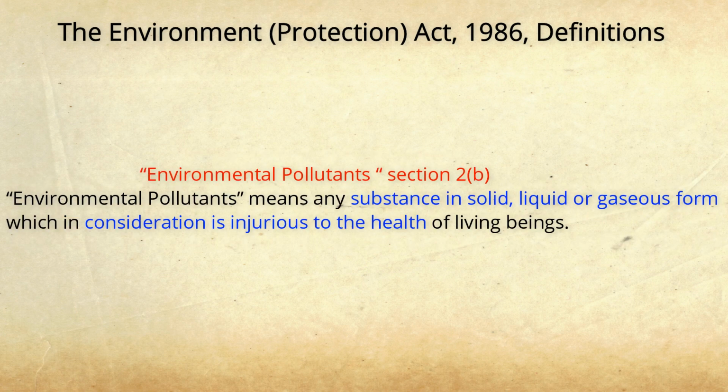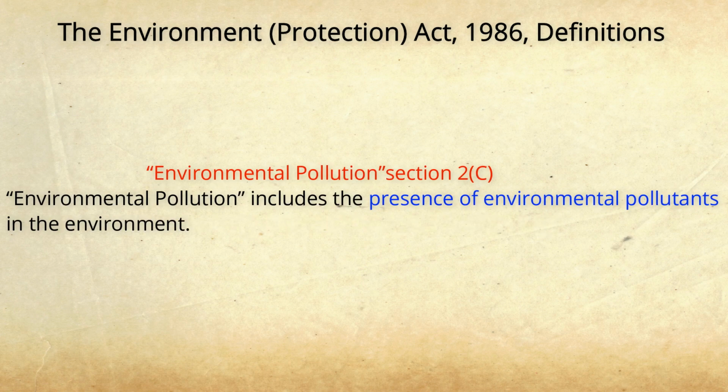Now let's move on to the definition of environmental pollutants, which includes substances of solid, liquid and gaseous form which are considered injurious to the health of living beings. So basically these are pollutants which can be in the form of liquid, solid or even gaseous state, which cause pollution. Finally, environmental pollution includes the presence of environmental pollutants in the environment.